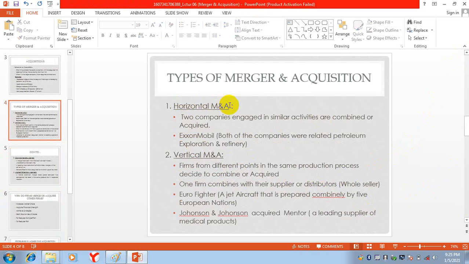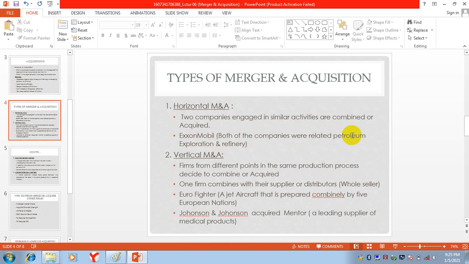Now in horizontal merger and acquisition, whether it is merger or acquisition, two companies engaged in similar activities are combined or acquired. Similar companies, their business is same. Exxon and Mobil. Exxon was an oil company, Mobil was an oil company.